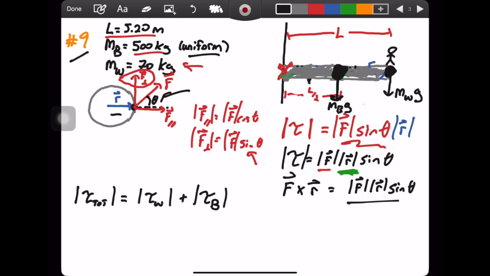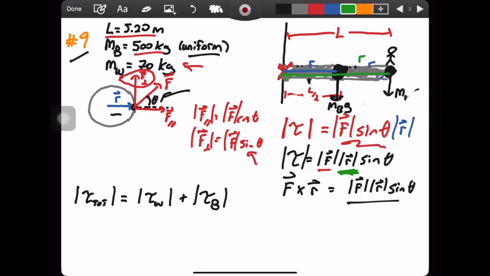In both of these cases, do you see how this is the position R for the beam, and this is position R for the worker?